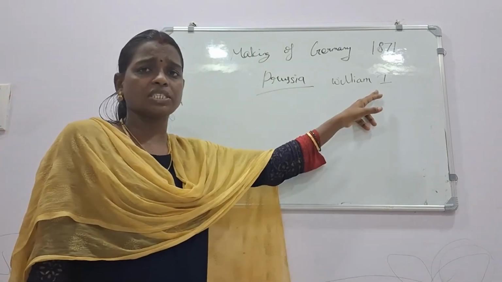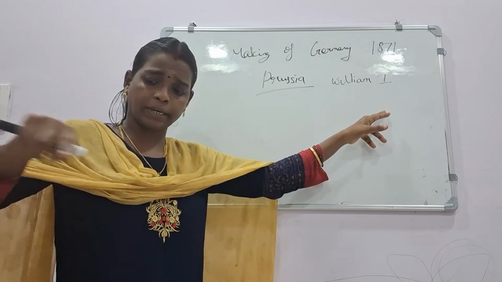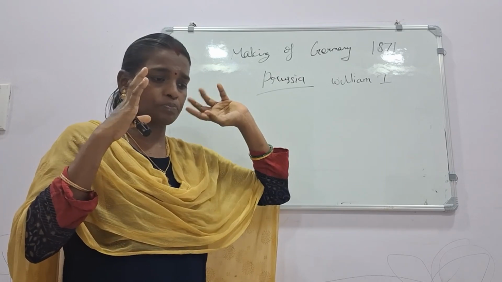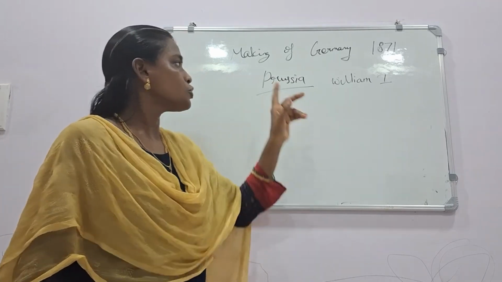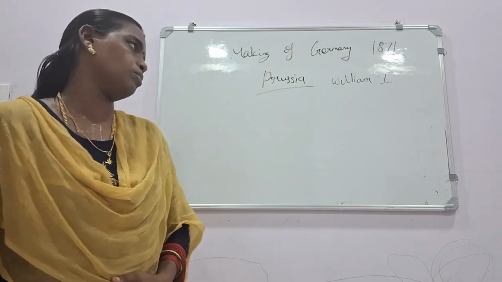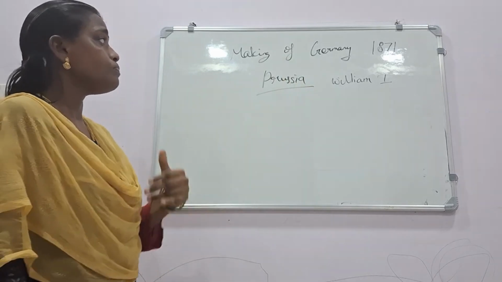The Prussian king was William I, who decided on the unification of Germany and led a committee of members to form Germany and unify its territories.